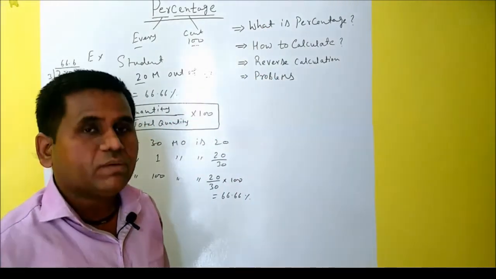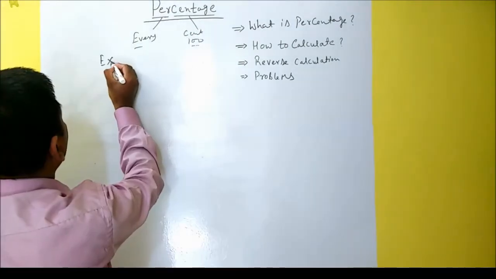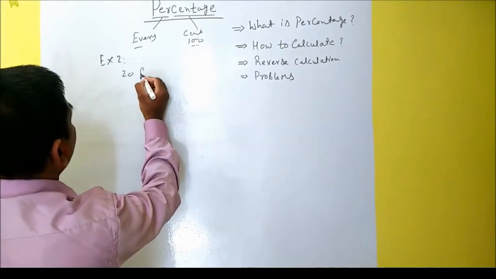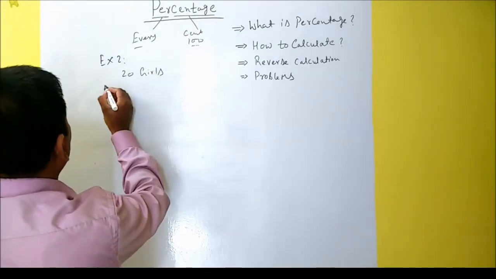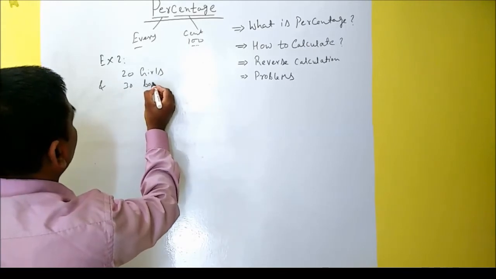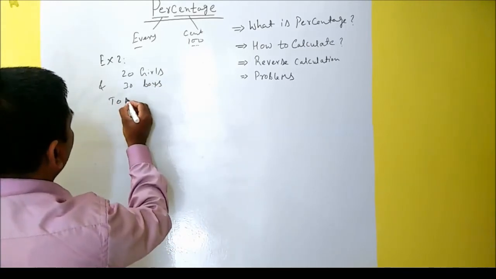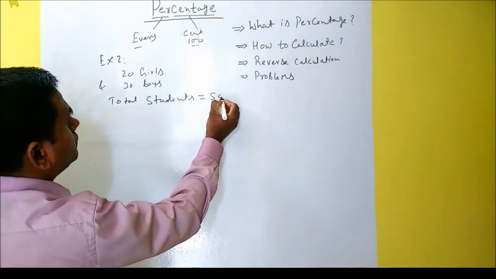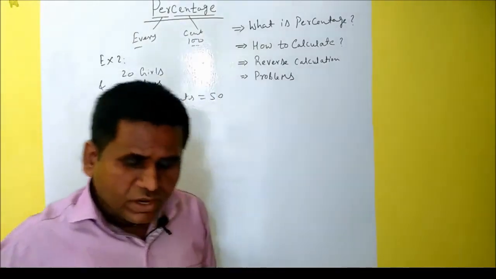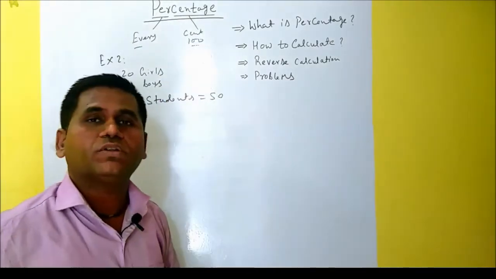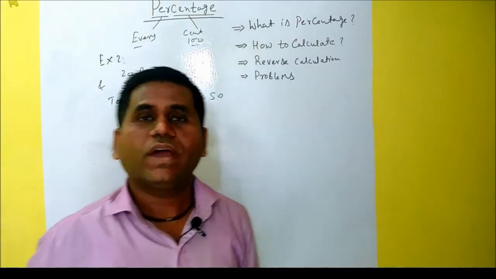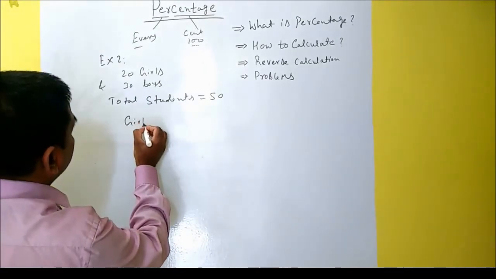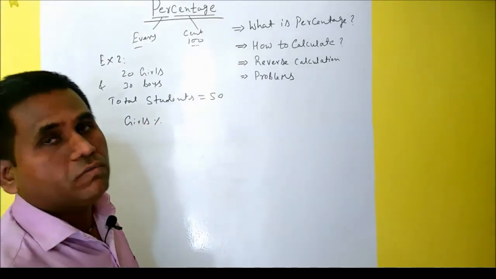What is percentage? Let me take another example. Suppose in a class there are 20 girls and 30 boys, so the total number of students is 50. It may ask you to find the percentage of boys and girls in the class. So how can we calculate? Very simple, we will use that formula. Suppose you have to calculate the percentage of girls.